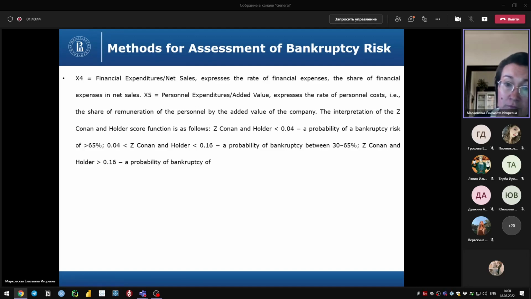Less than 0.04 means a probability of bankruptcy risk of more than 65%, and between 0.04 and 0.16 means a probability of bankruptcy of 30-65%.